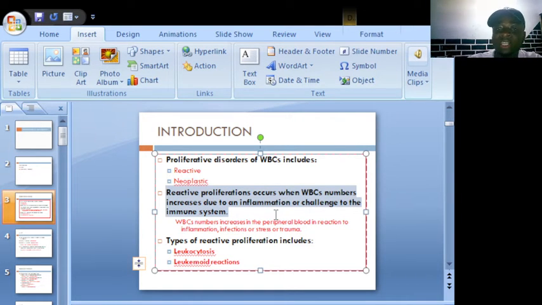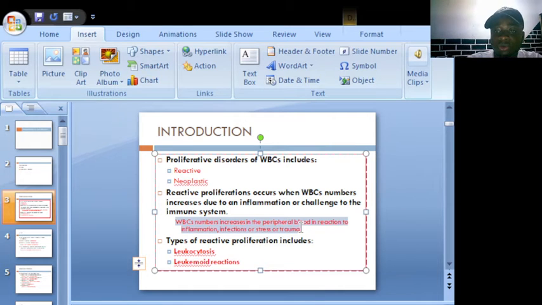Good. So when I say reactive proliferation, it occurs when WBC numbers increase due to what? Inflammation or challenge to the immune system. Very, very important. Now, WBC numbers increase in peripheral blood in reaction to inflammation or infection or stress or trauma.